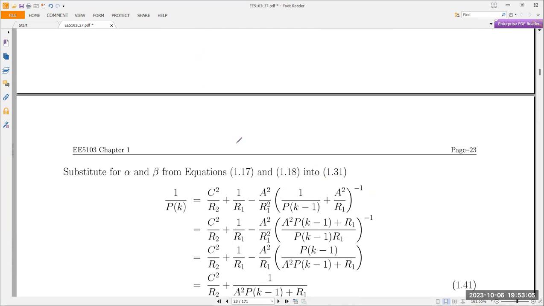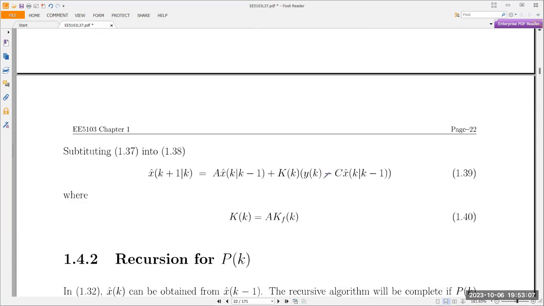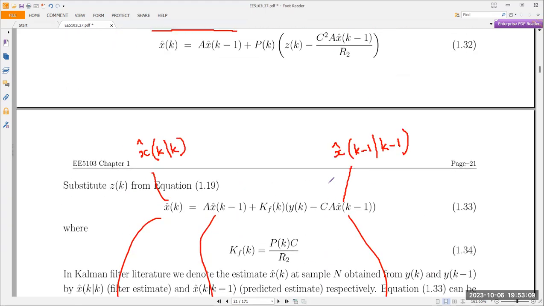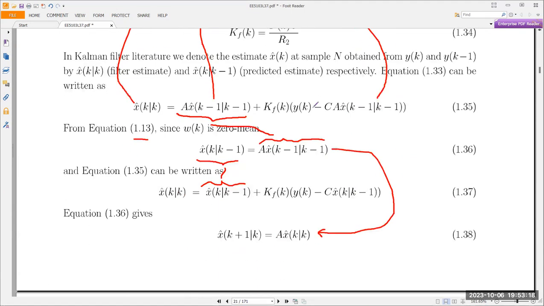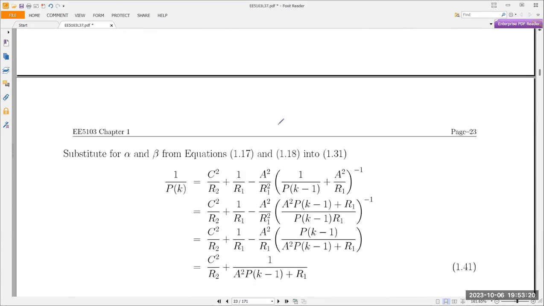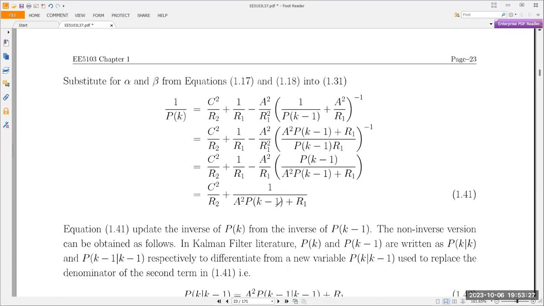What is 31? 31 is this P minus 1 equation. So 17 and 18, you put inside here, you will get this. Then you do some maths and you will get this.